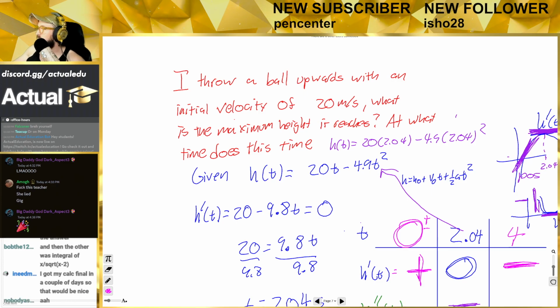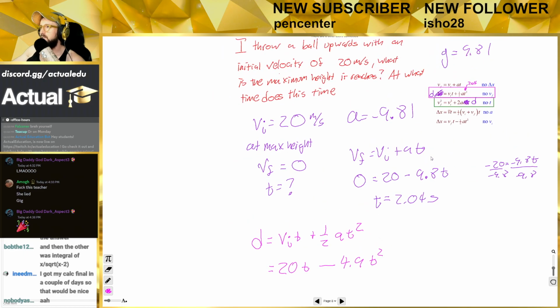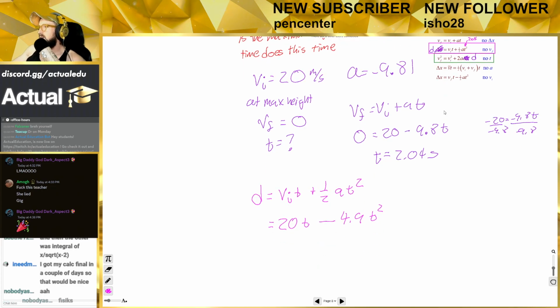So that's where it came from. It came from Physics Land. Physics Land had this equation with different concepts, and then this is what the answer was. So you plug in the same 2.04, and you're going to get the exact same answer, which is 20.4 meters, and you're done.